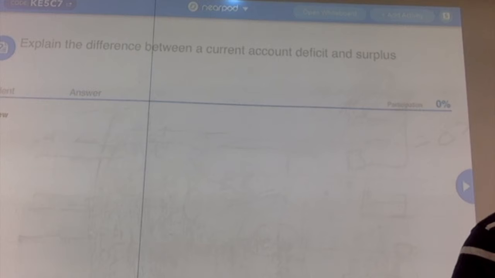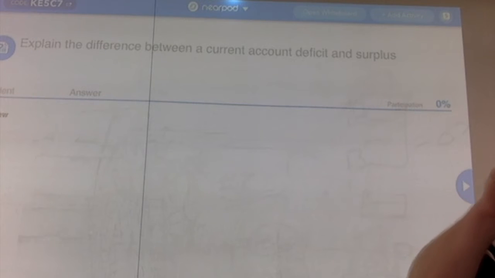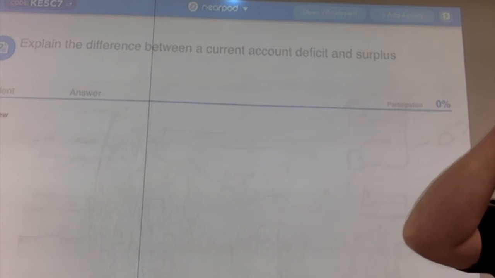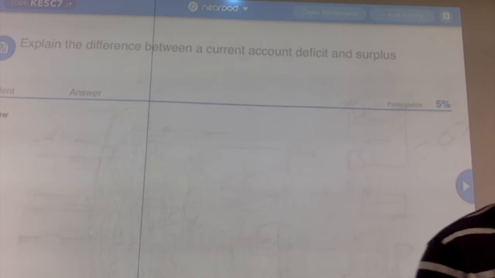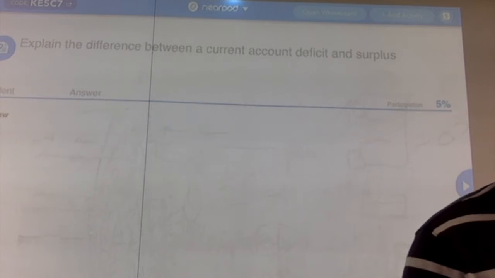What is the difference between a current account deficit and a current account surplus? Basically wanting you to define both terms.